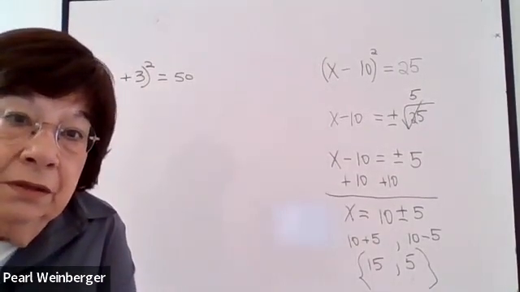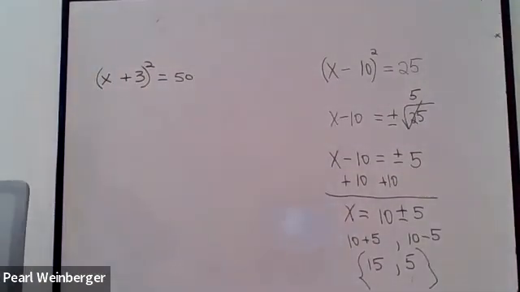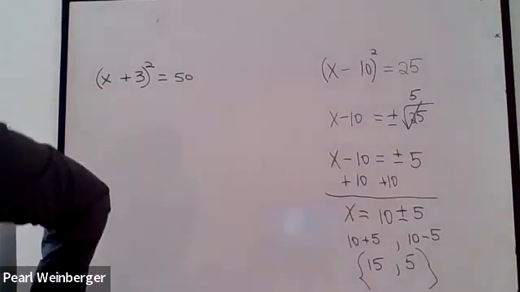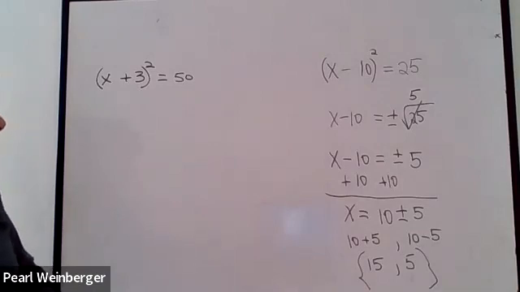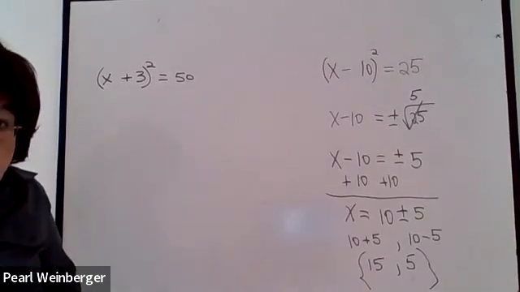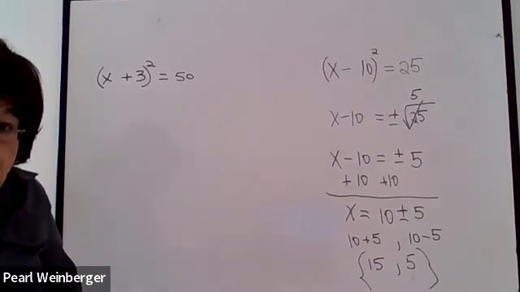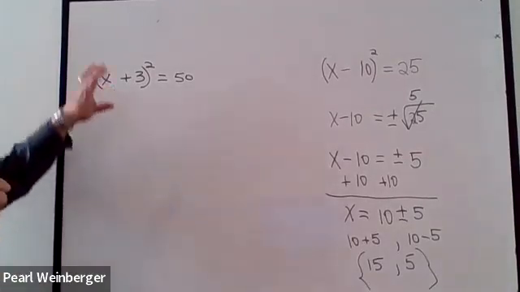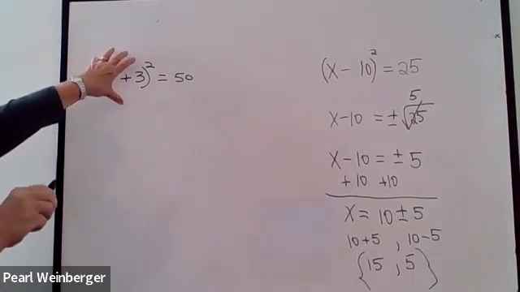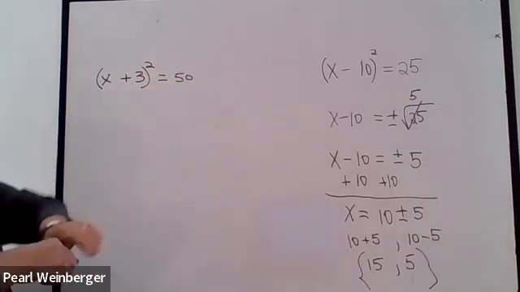Okay. Demetrius, I see you gave me an answer. I'm giving you extra credit for that. Let's see if we can do this problem. If we're following the pattern, we have something squared equaling a number.